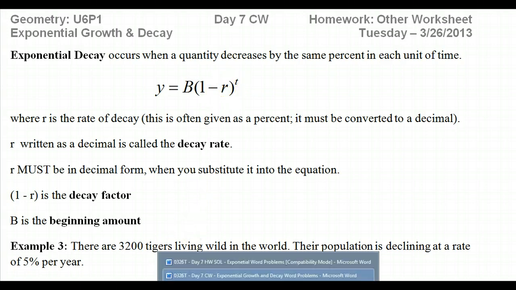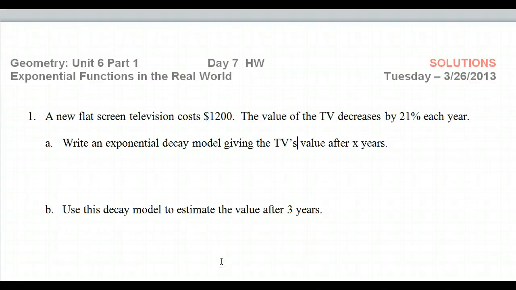Okay, let's look at some problems. A new flat screen television costs $1,200. The value of the TV decreases by 21% each year. Write an exponential decay model giving the TV's value after x years.